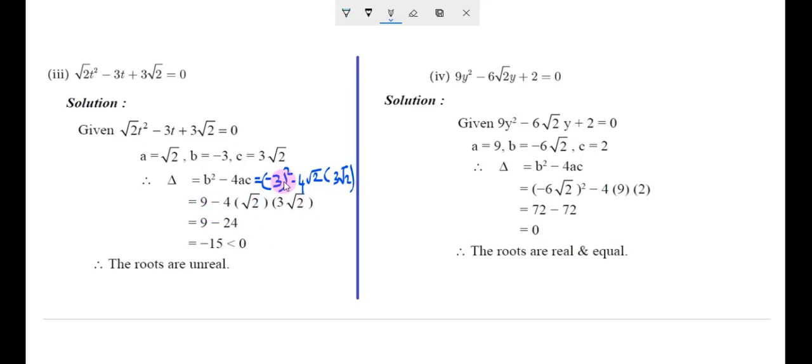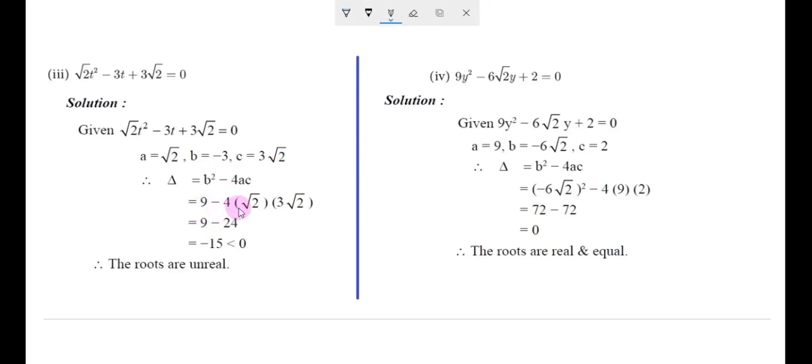So minus 3 the whole square minus 4 root 2 into 3 root 2. Minus 3 the whole square means minus 3 into minus 3. First we should multiply the signs, so minus into minus is plus. 3 3s are 9, so we write 9 here.